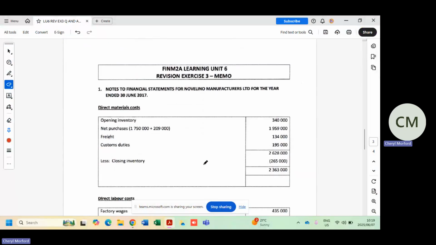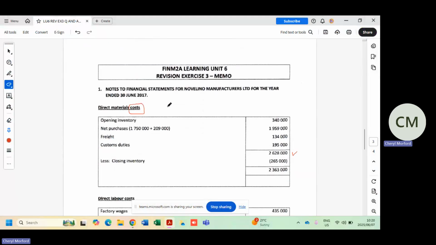Add in the other two elements of the cost, which were the freight and the customs duty. Add that together gives me 2,628,000.